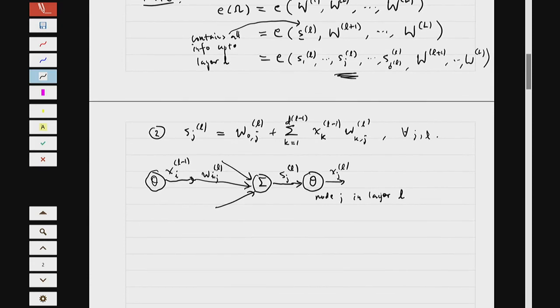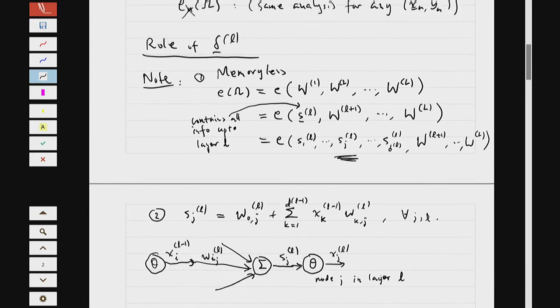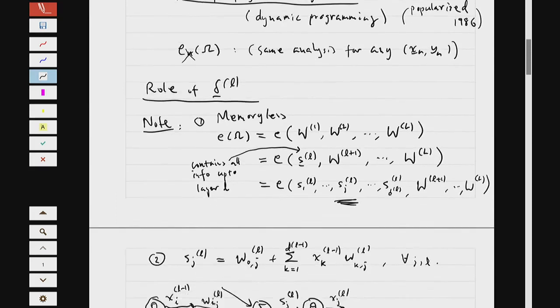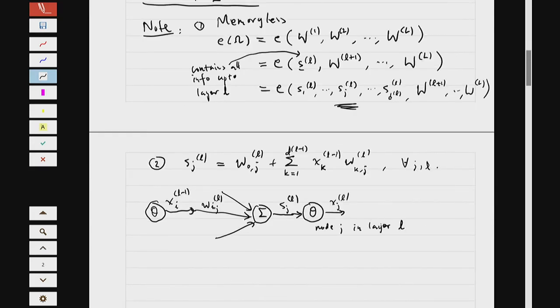So what you observe here is, again, keep in mind our objective. We want to find this derivative, right? Derivative of EM with respect to WIJL, yeah? Where is WIJL? This guy here, yeah? We want to find the derivative with respect to this guy, yeah? But then we know that this one would be a function of something, becomes this SJL, yeah? And then get to the error, right?